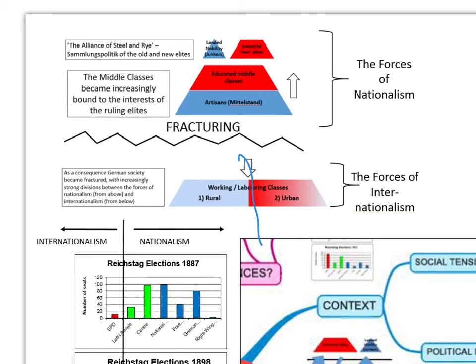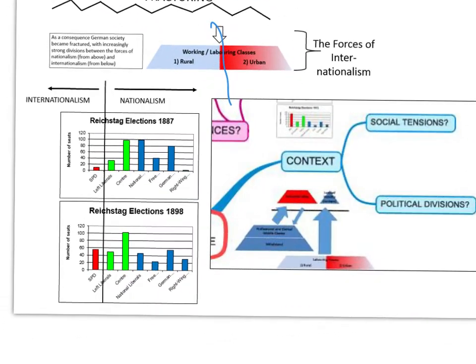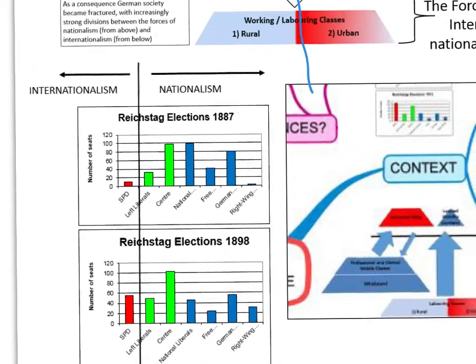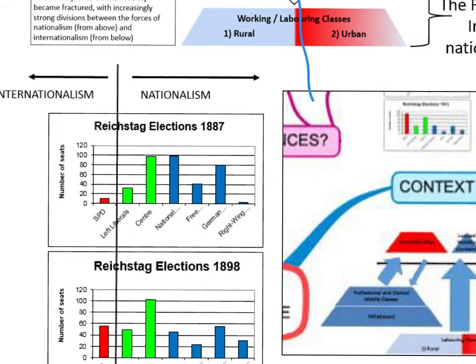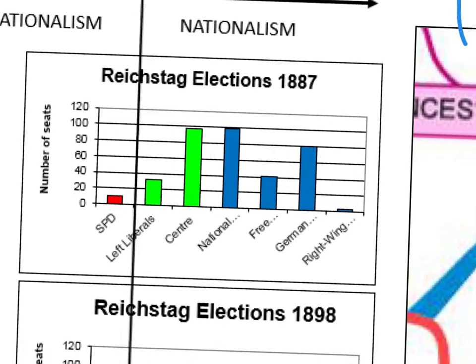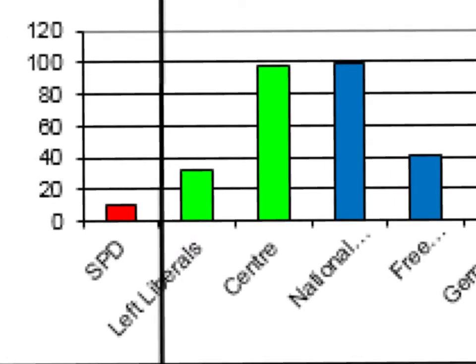Okay, and that was very much represented in the outcomes of the elections. As you can see, because the working classes were the largest group, increasingly being alienated, their representation was very low, only about 9% of the vote in 1887. See how small the SPD were.